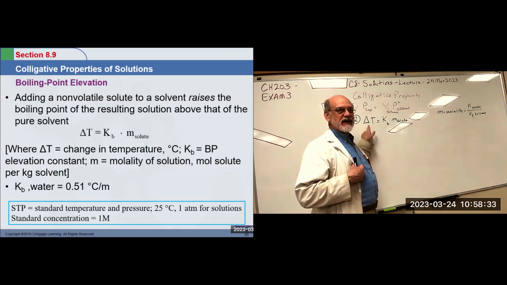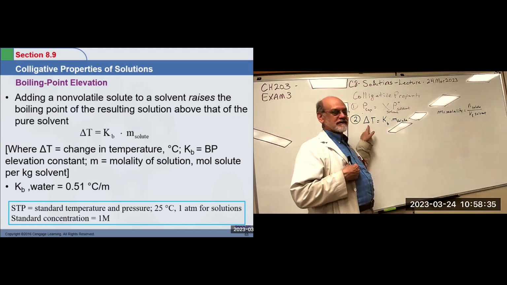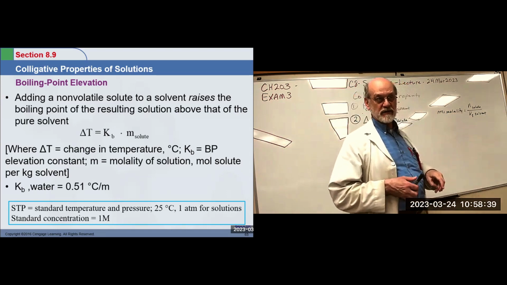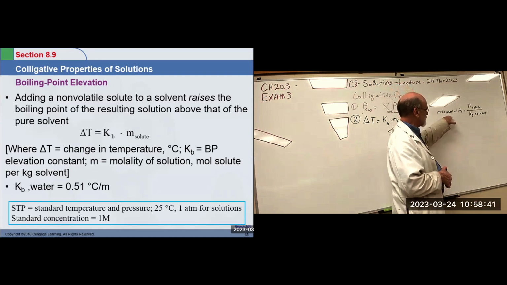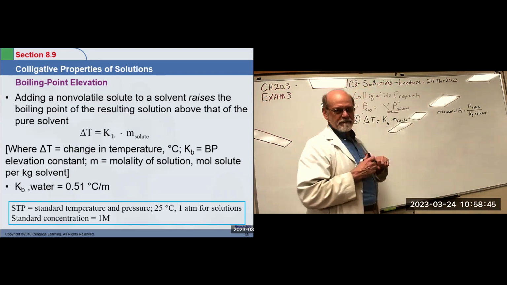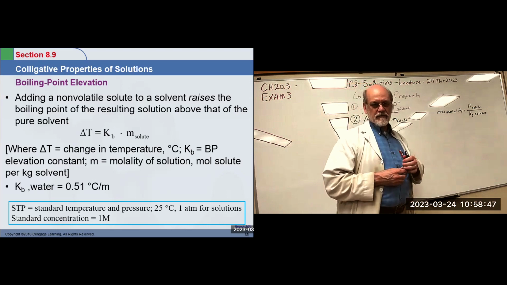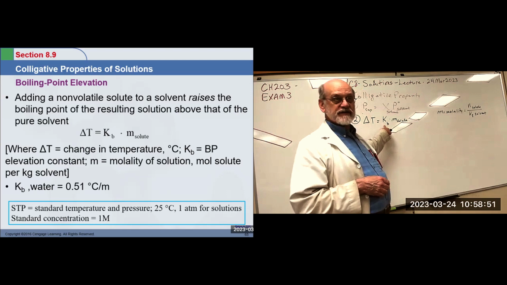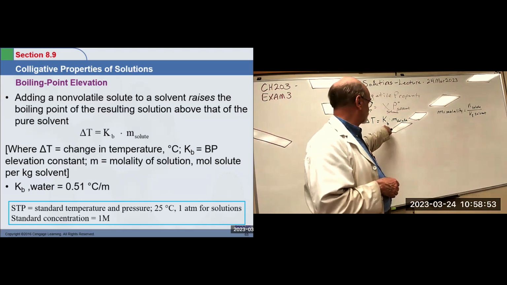And what happens to molarity if the temperature does change? The molarity changes because it's based on volume. So we have to use molality. All right. For water, this value is 0.51 degrees C per molal.